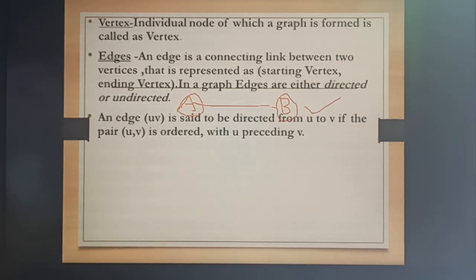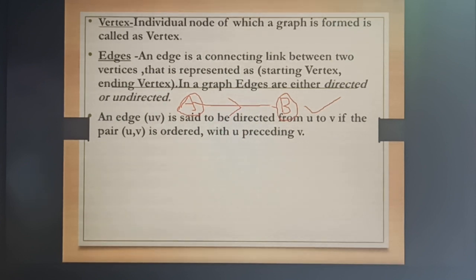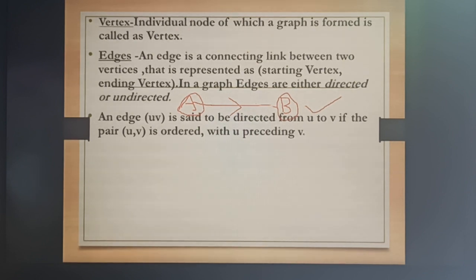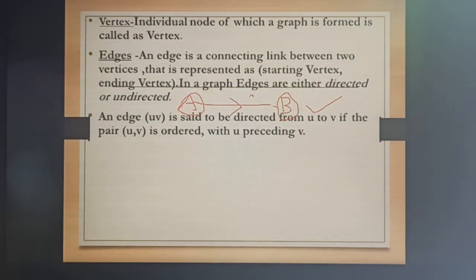But if one direction is mentioned above the edge, if there is one edge from A to B, then that is called a directed edge. If any number is mentioned above the edge AB, suppose 9, then this is called a weighted edge.